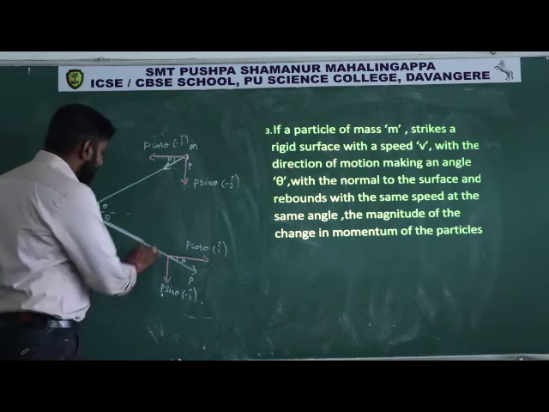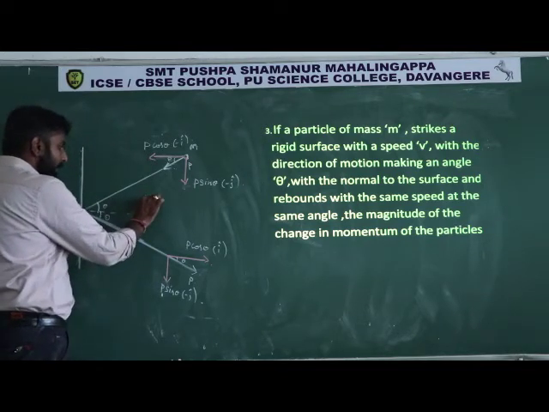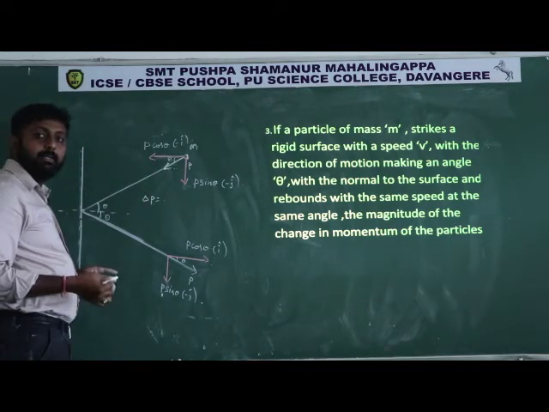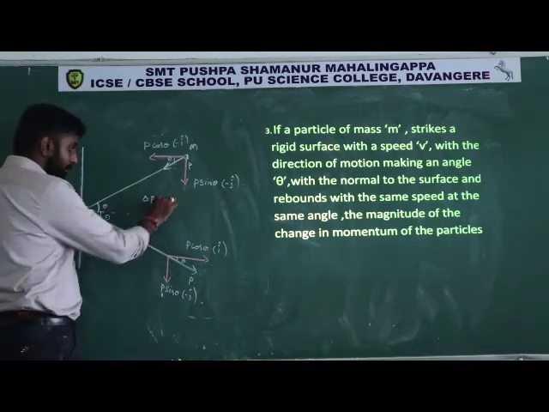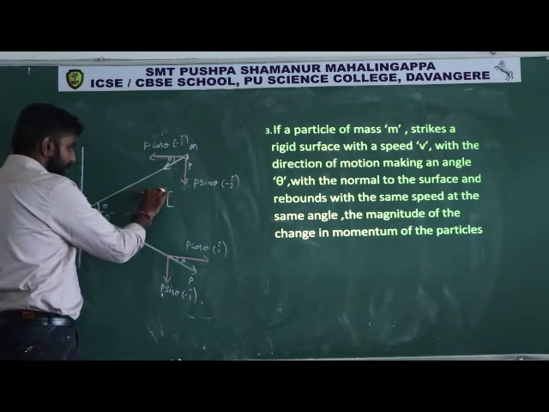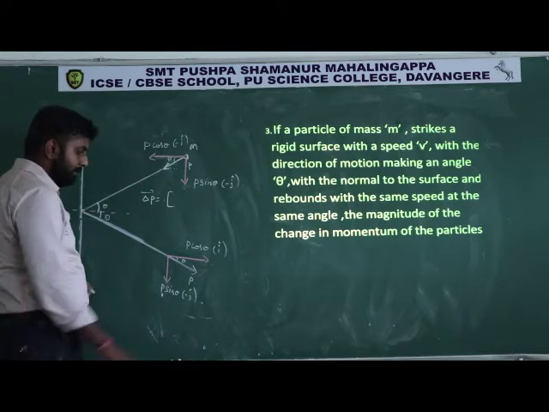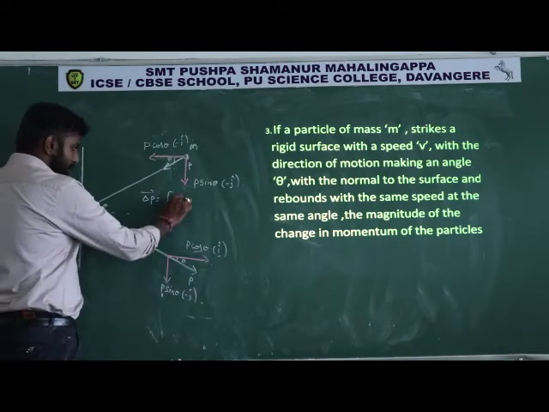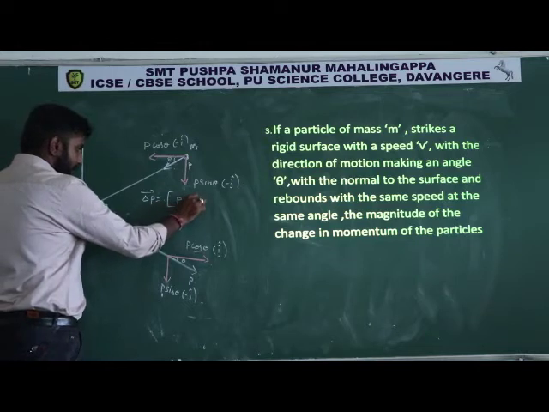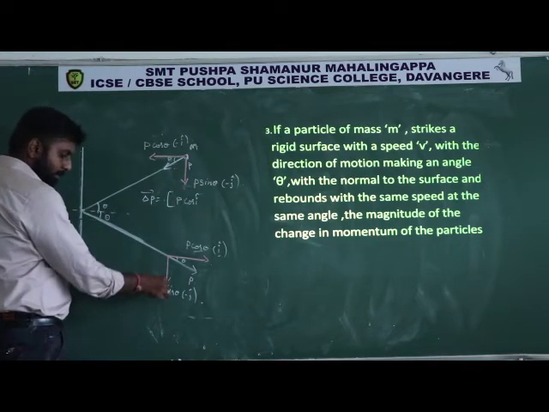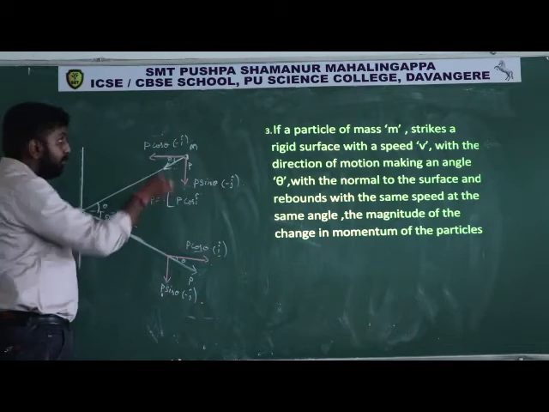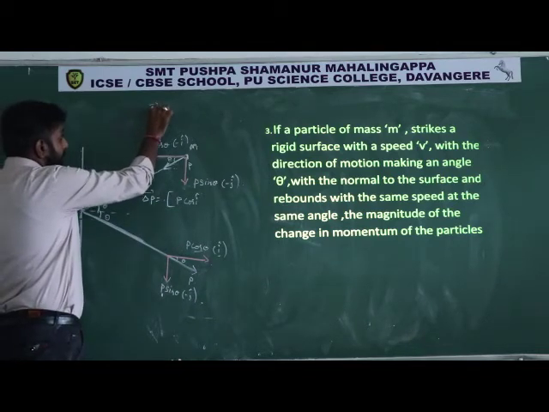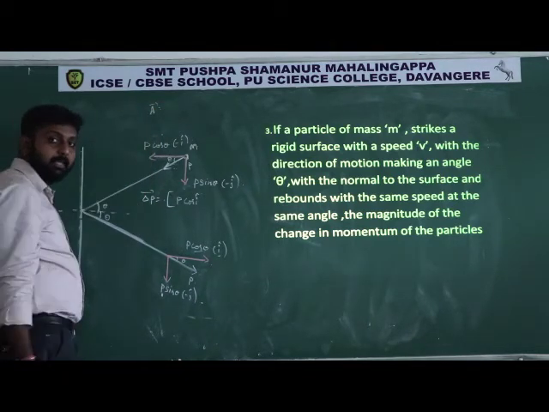And next I will calculate the change in momentum, final momentum minus initial momentum. Change in momentum, delta P vector, I will consider. Final momentum is, this is magnitude, this is direction, P cos theta i cap. So you know that A vector you can write as Ax i cap plus Ay j cap.